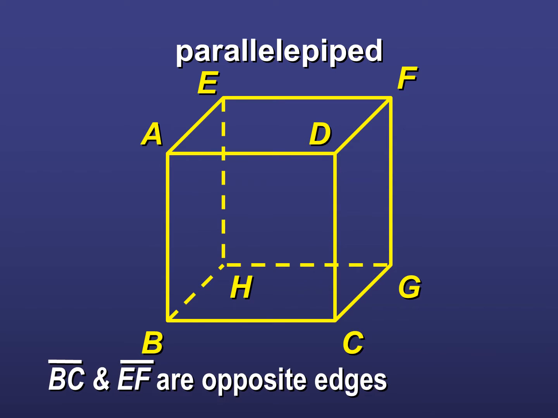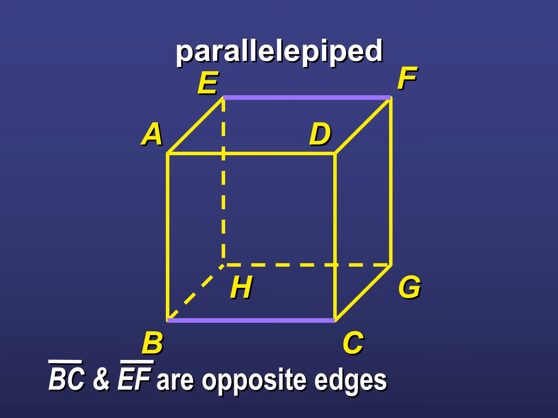And then we have segment BC, which is an edge. And we have segment EF. And those are opposite edges because look, there's a diagonal that connects E and C, they're vertices, and there's a diagonal that connects F and B, which are the vertices. And so those are opposite edges.